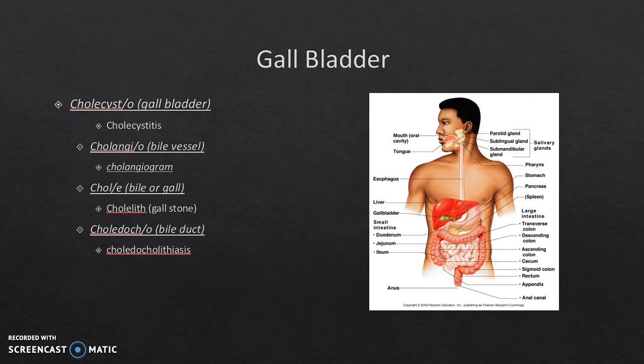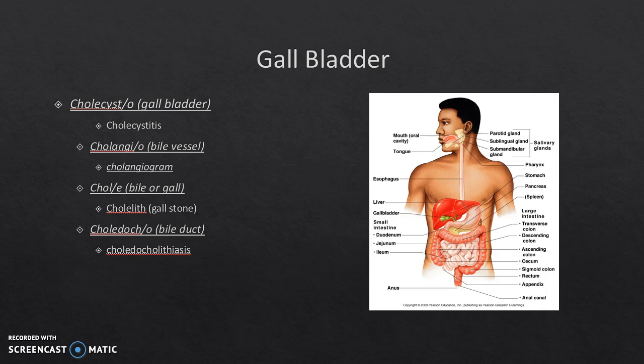A gallstone. And then choledocho is the actual duct that goes from the gallbladder to the duodenum that allows that bile to be transferred in for digestion. And so you can actually get a stone here. And so if you get a stone in the gallbladder, you get cholecystolithiasis, or cholelithiasis is more commonly what it's called.